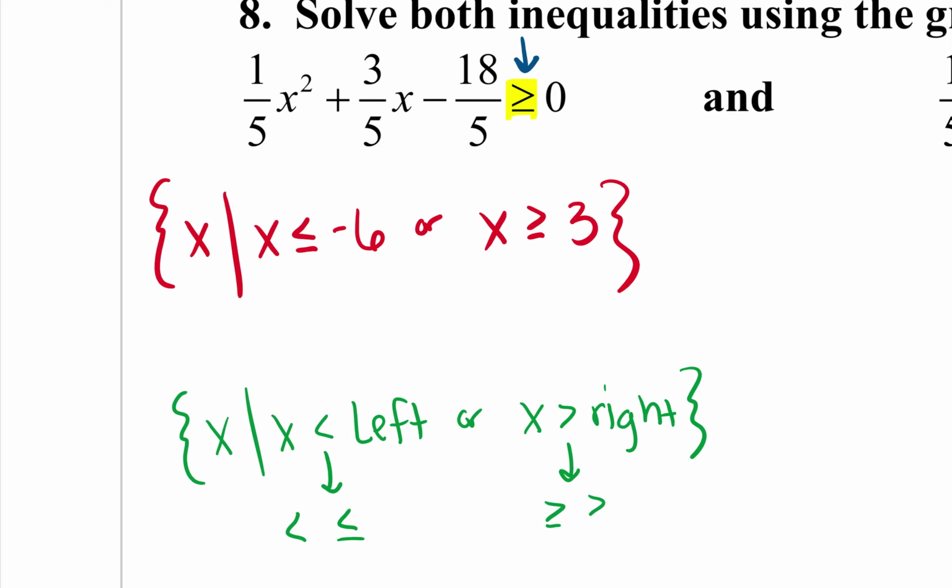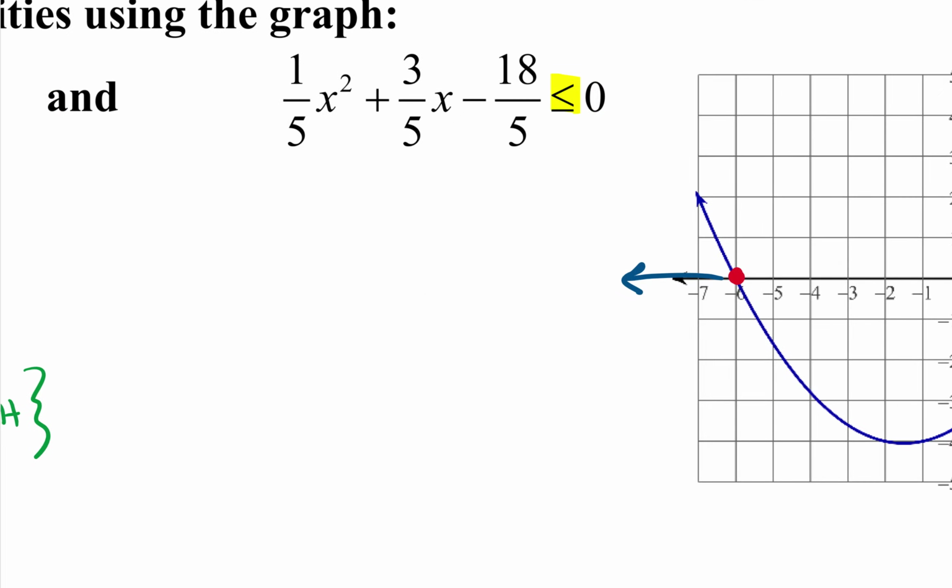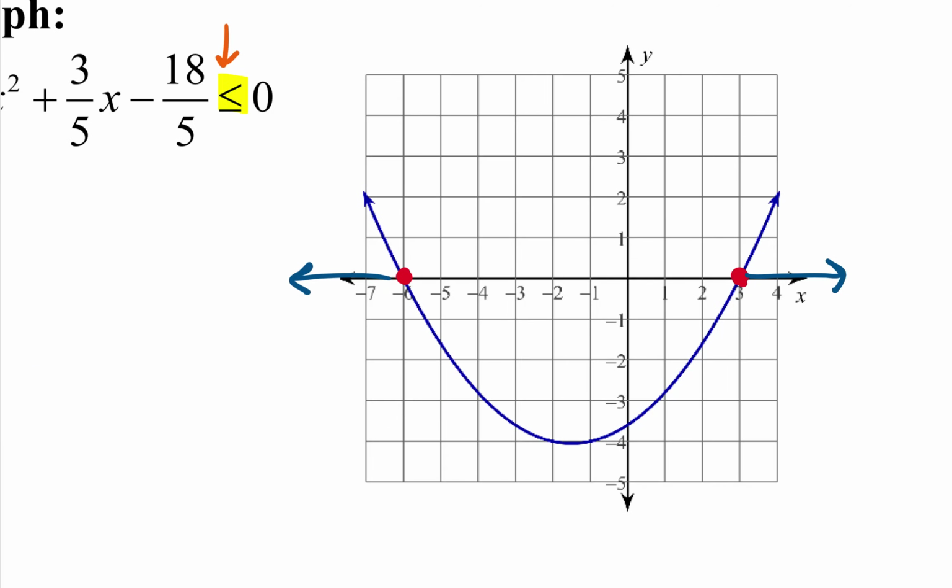Alright, so that's for one that's split left and right, which means when I look at the next one, this one is less than 0, less than or equal to. That would tell me that I'm from negative 6 going to 3. All of this right here is less than 0. So I went in between the points, not outside the points.